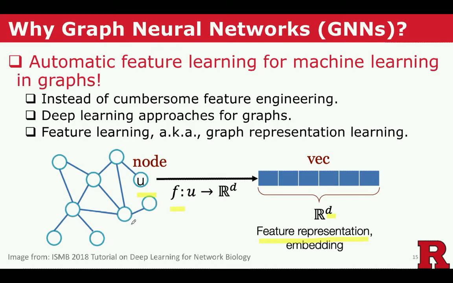Usually, even for a small graph, sometimes we have thousands of nodes, and the output from the GNN is only like 64-dimensional vectors or 256-dimensional vectors. So this d is usually much smaller than the total number of nodes in the graph.